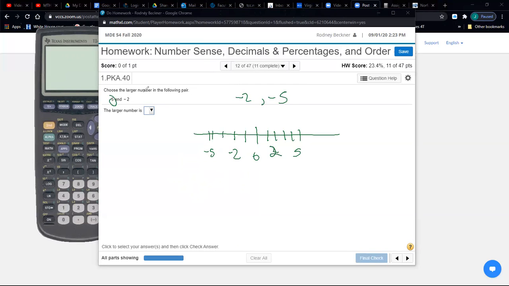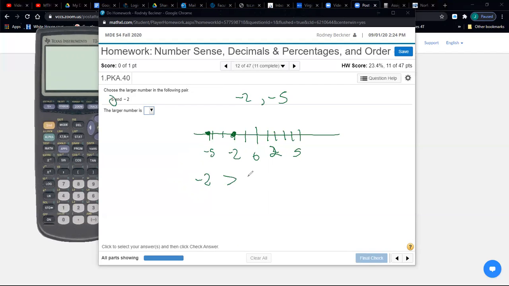So larger numbers always fall to the right on a number line because a lot of people's instinct will be to say, well, 5 is bigger than 2, so -5 is bigger than -2. And that's not the case. -5 is to the left of -2. It's any number to the right is always bigger than any number to the left. So -2 is bigger than -5.